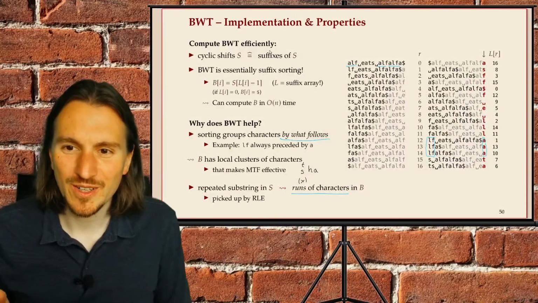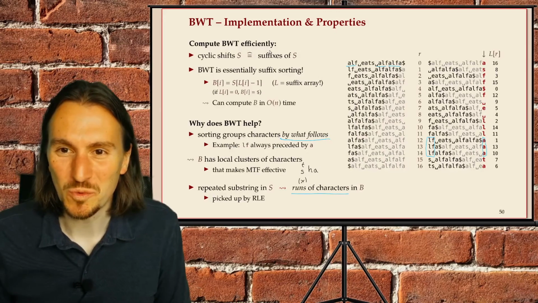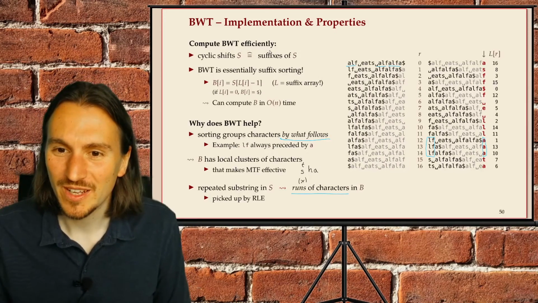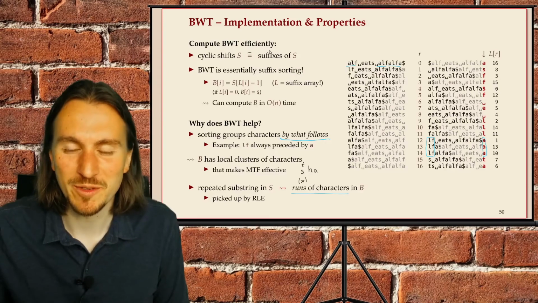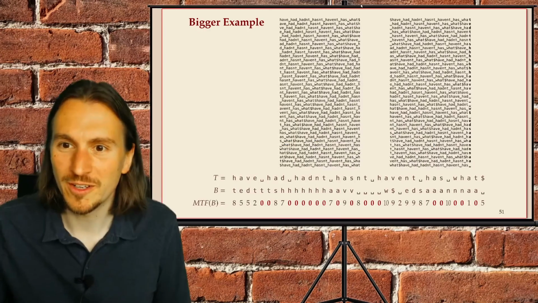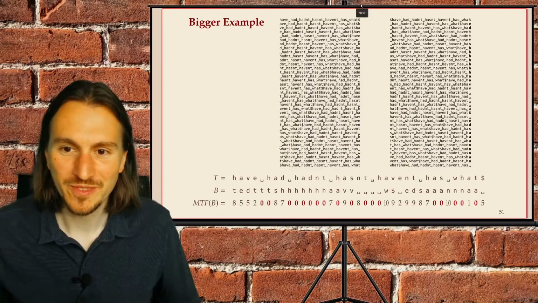So this was only a vague intuition why the BWT will be helpful for compression, but it should give you at least some indication. I want to show this on a bigger example as well.